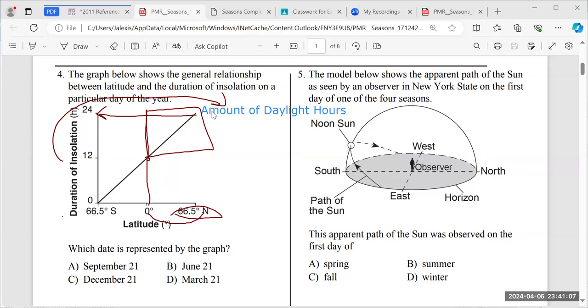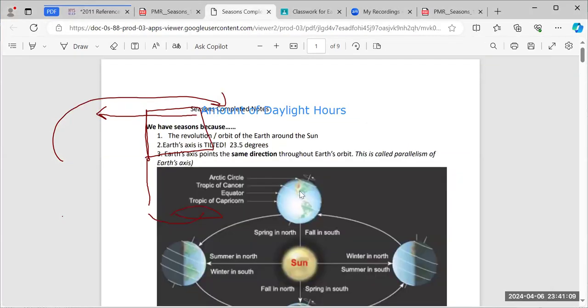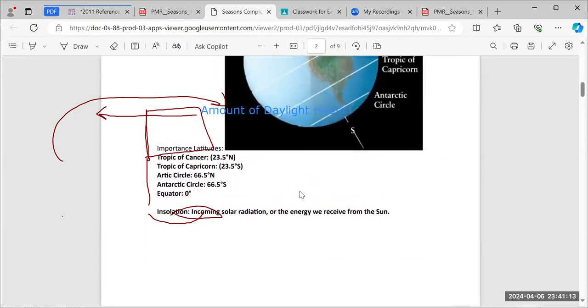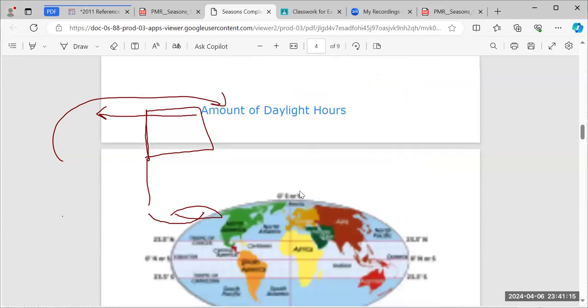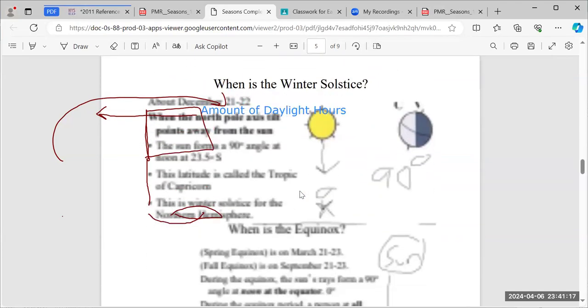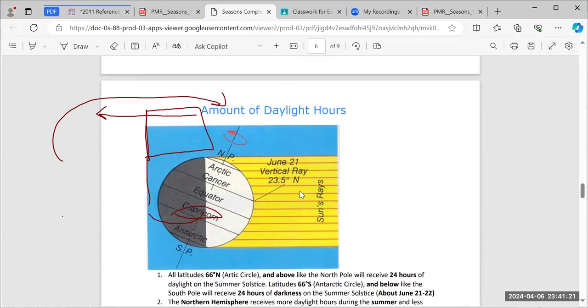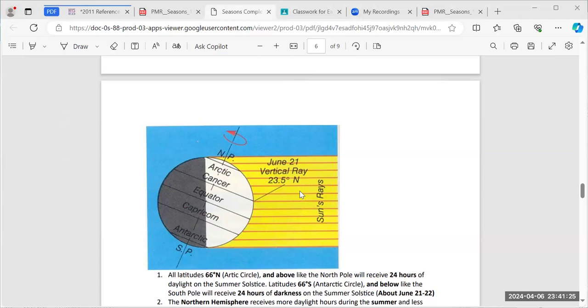When I'm looking in my season notes, there we go, right here. I notice that the latitudes, once you get to the equator, so I'm looking at the Tropic of Cancer, right?